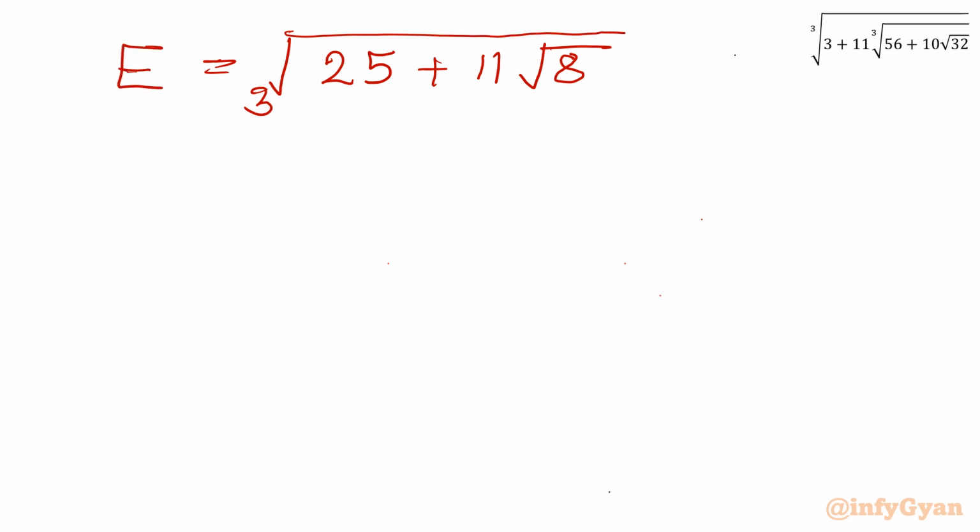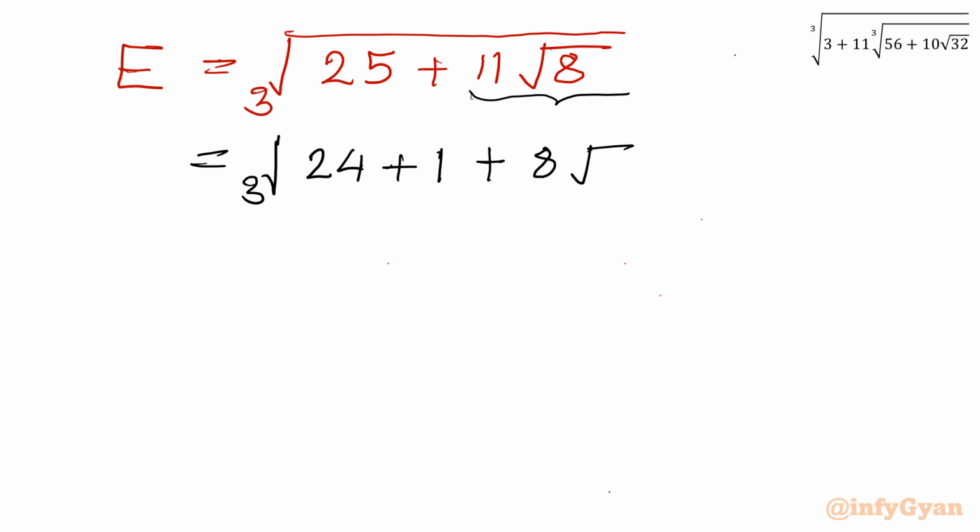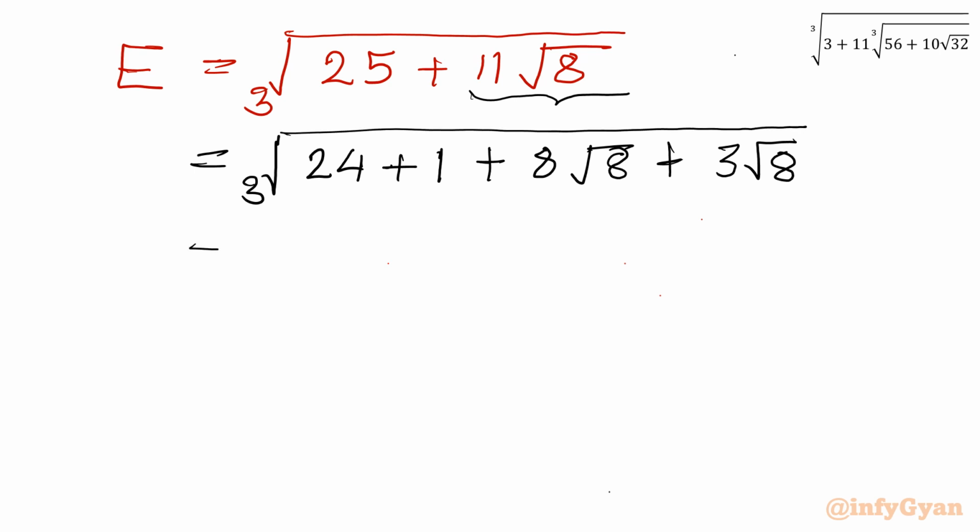Now let us split. 25 we will be writing as 24 plus 1, and 11 root 8 we can write as 8 root 8 plus 3 root 8. Now I will consider cube root 24 plus 1.